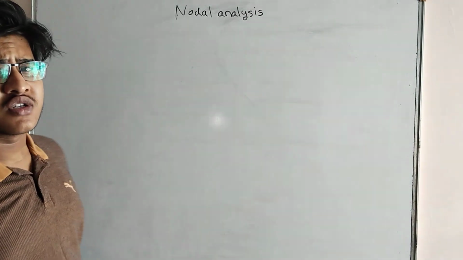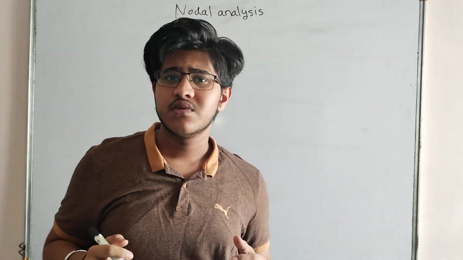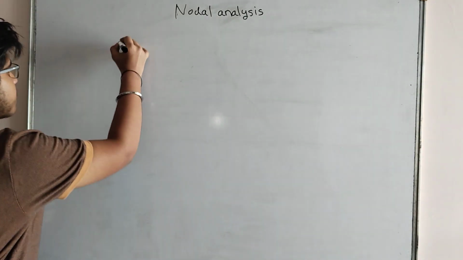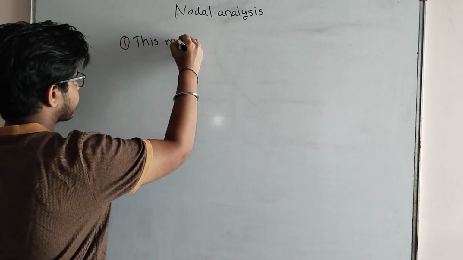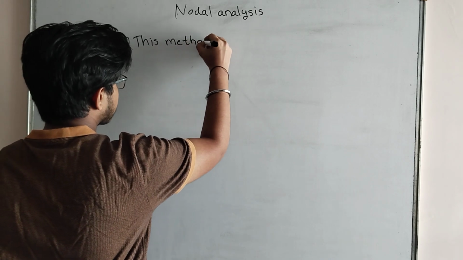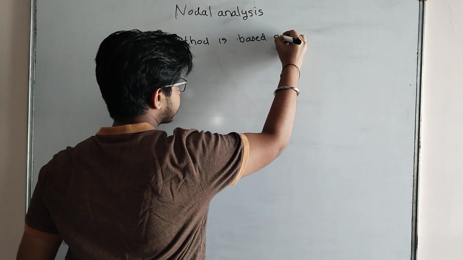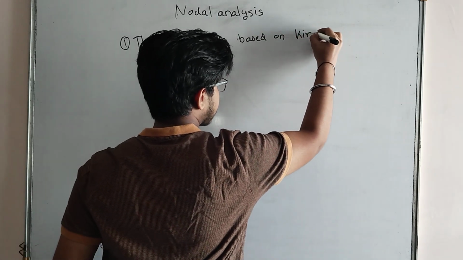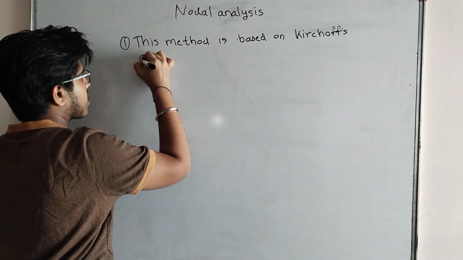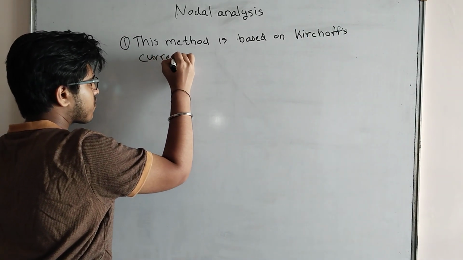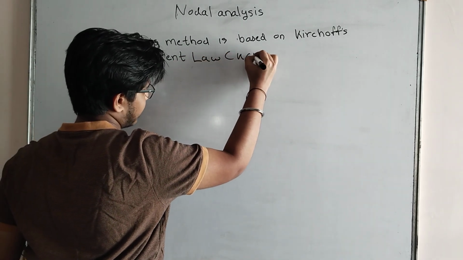Okay, so just like the previous lecture, I will first write all the theory part. You also note it down. First point, this method is based on Kirchhoff's current law, that is KCL.